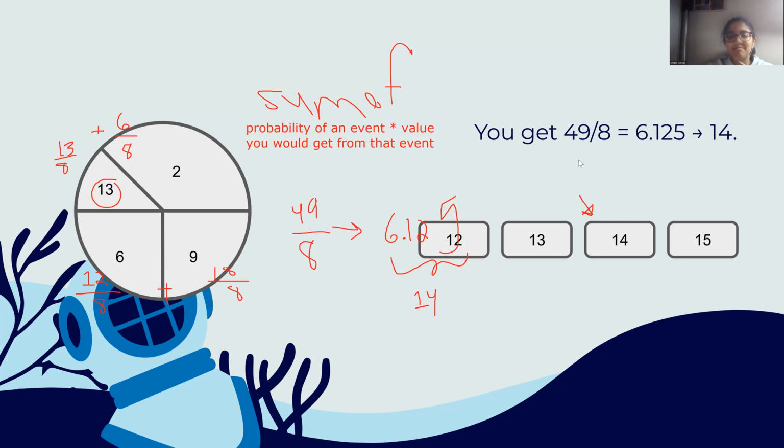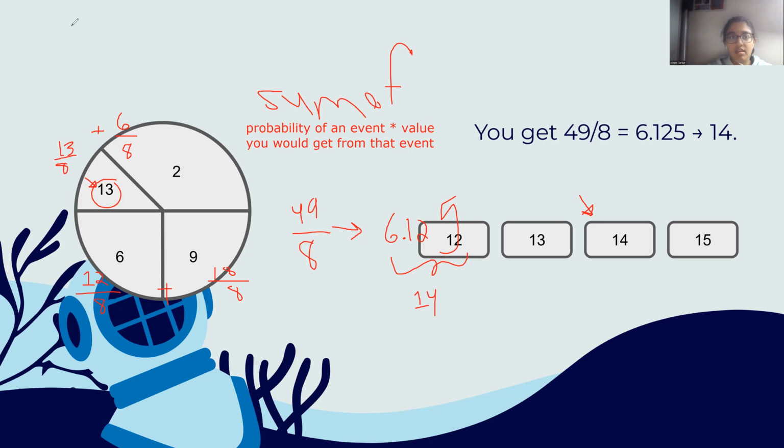Okay, so for expected value, you don't just add all the values up. I don't think you did it correctly. You're supposed to take each of the values that you expect. So this, right, is event 1.